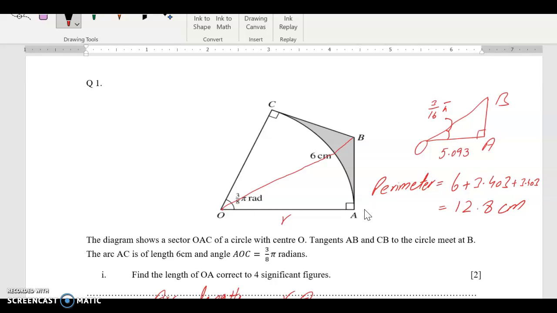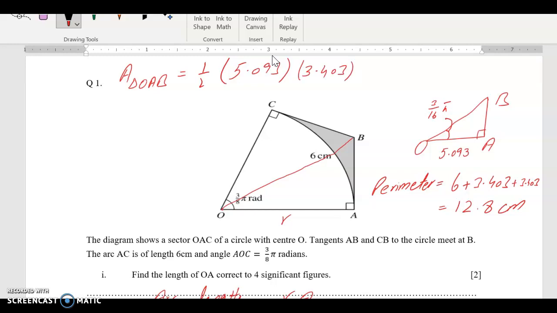In order to find the area of the triangle, we go one by one. This is a right angle triangle. So area of triangle OAB is half base times height. The base is 5.093 and the height is 3.403.